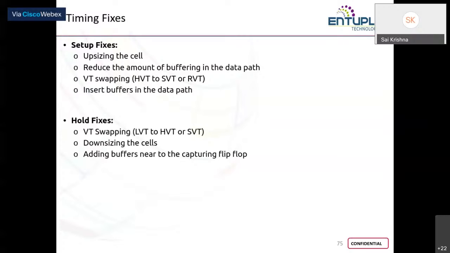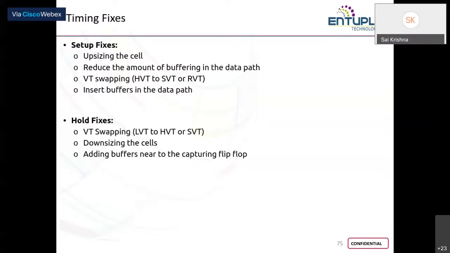Based on this threshold, we have three categories of cells: LVT, low voltage threshold; SVT or RVT, which stands for standard voltage threshold or regular voltage threshold; and the third one is HVT. HVT stands for high voltage threshold.